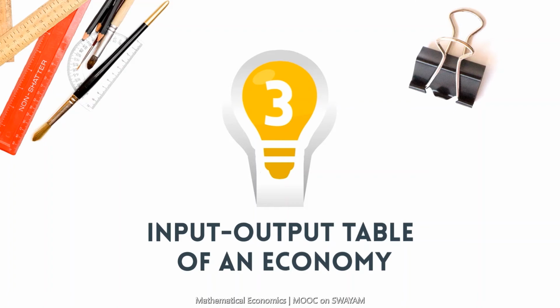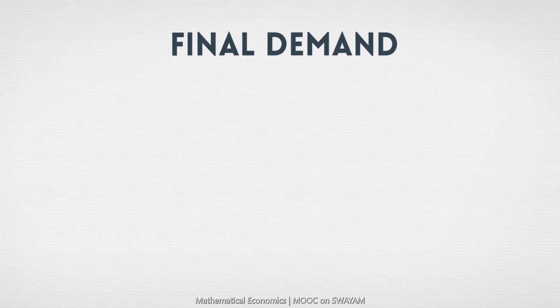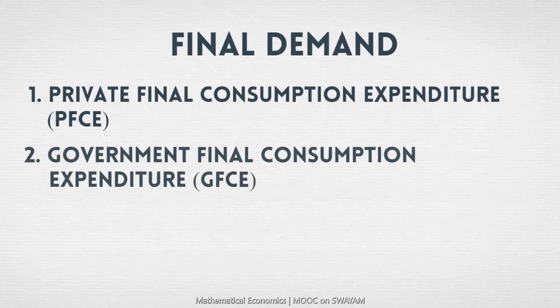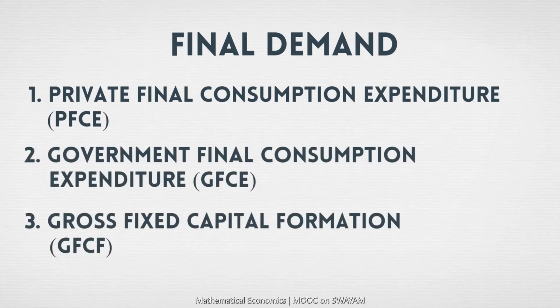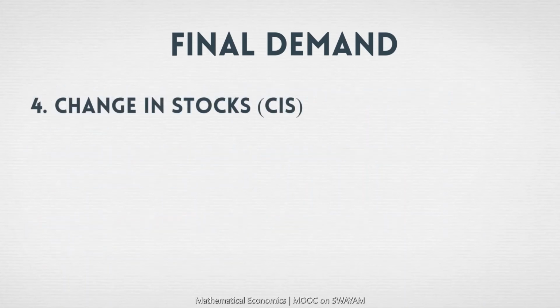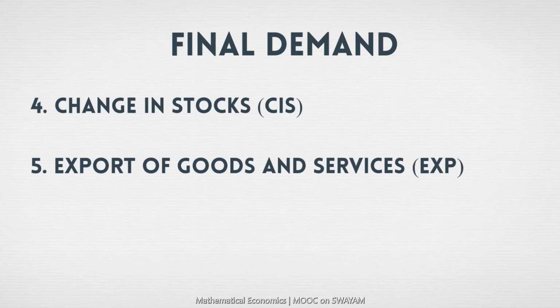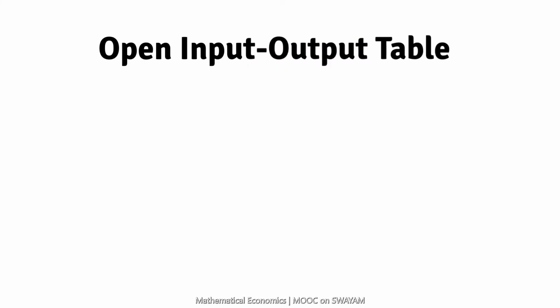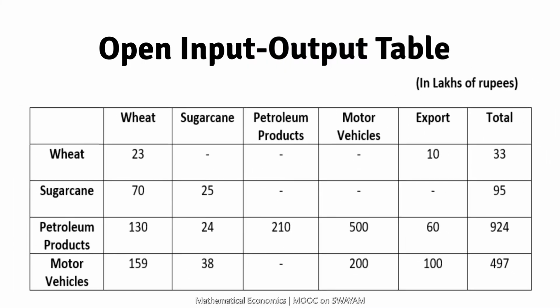The final demand may be categorized as private final consumption expenditure, government final consumption expenditure, gross fixed capital formation, change in stocks, exports of goods and services, and imports of goods and services. This is an open input-output table.